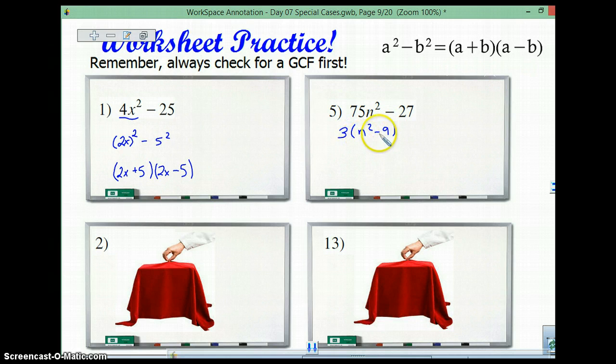It is, because we could rewrite this as n squared minus 3 squared. Do you see it now? This is a squared minus b squared. So what's your a and what's your b? We've got 3 times n plus 3 times n minus 3. Okay, let's move on.